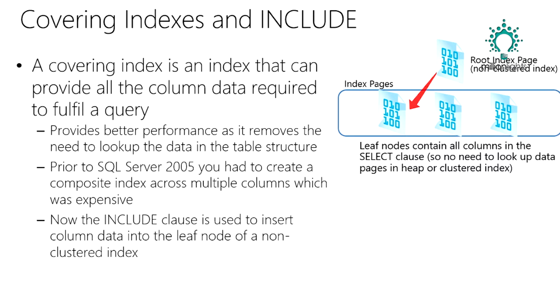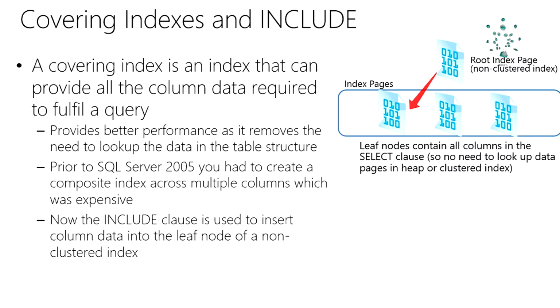So in Malcolm's example of customer ID, if I did a select first name and last name where last name equals Malcom, then the way that SQL Server would deal with that is to first look for a non-clustered index on surname, and we'll get down to the surname of Malcom.